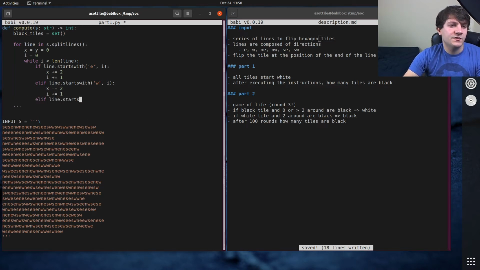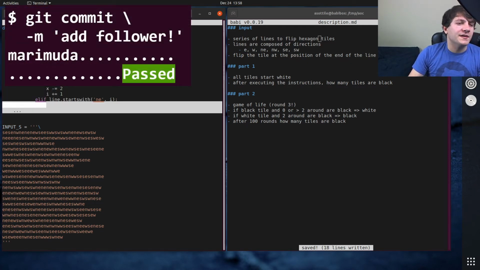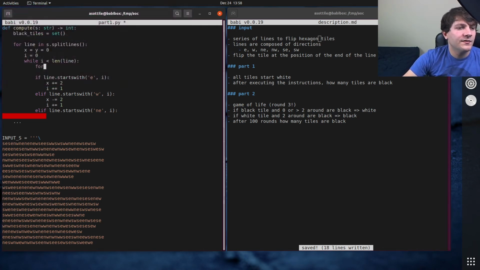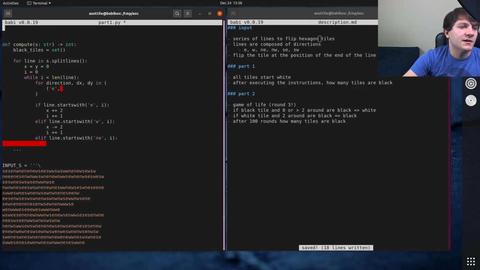Elif line starts with northeast. And of course you could do this with a loop that's a little less verbose. I guess we could do that as a loop. Let's do it as a loop. For direction dx, dy in, and then we'll write out all of our directions. It's probably worth it to write out the directions anyway.